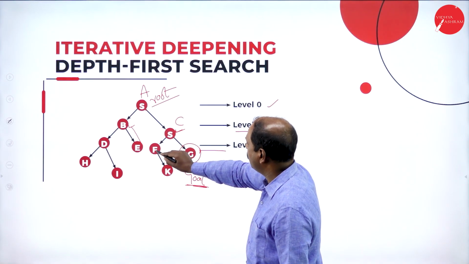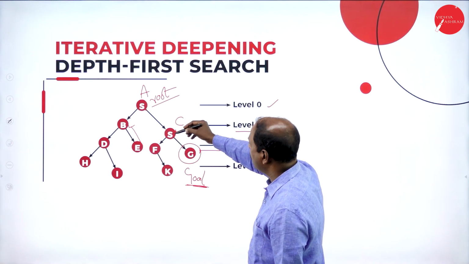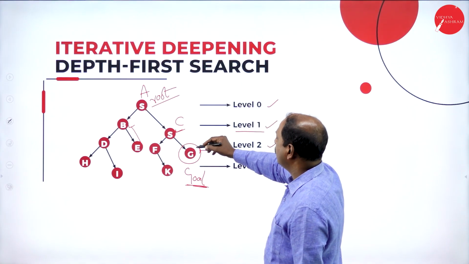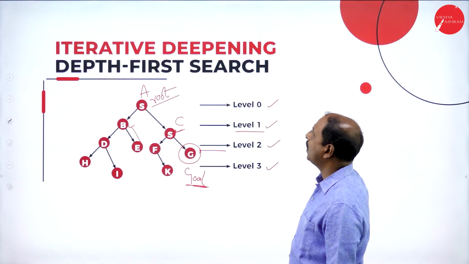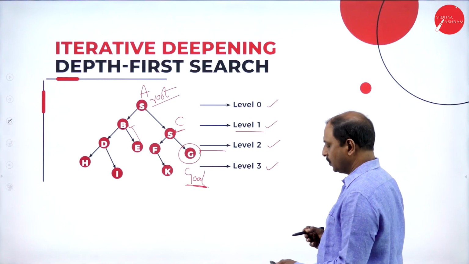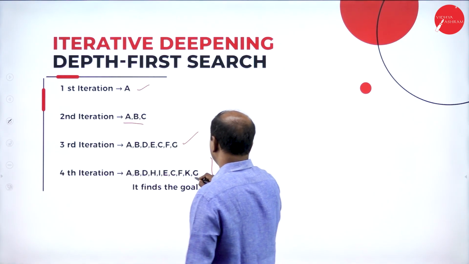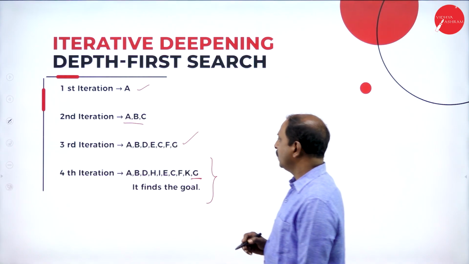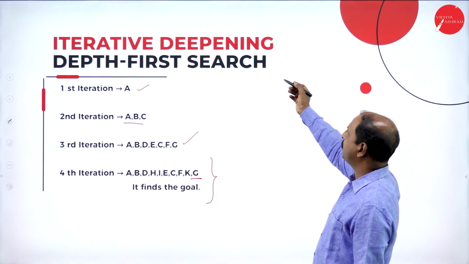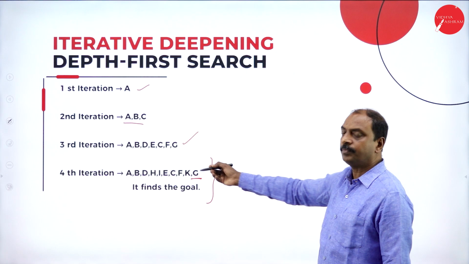F to S, backtracking, and S to G. In the final iteration, you can see all these things, and G is the goal node. So this is how the iterative deepening depth first search algorithm works.